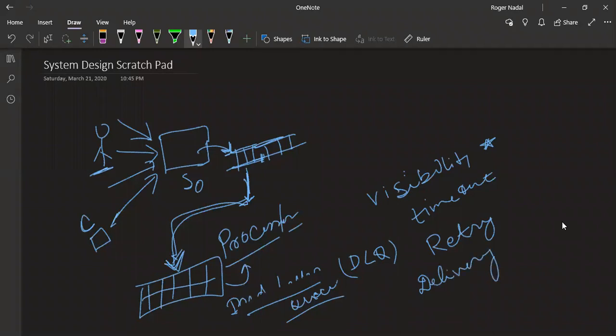Can you do at most once delivery? Yes, at most once and at least once delivery. There is also exactly once delivery. Some queues provide that as well, although it's difficult.